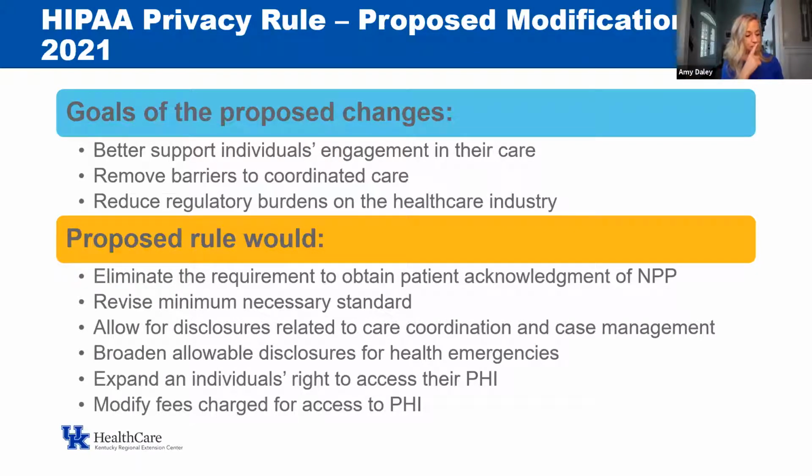It also would shorten the covered entity's required response time to no later than 15 calendar days to respond to a patient's request for their PHI. And that's in contrast to the current 30 days. And again, there were several comments surrounding that.